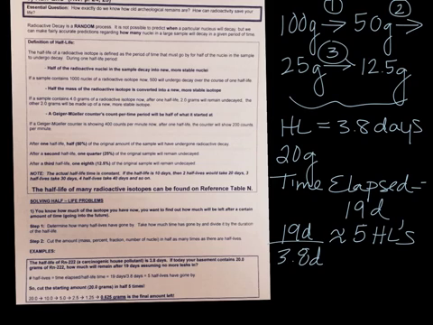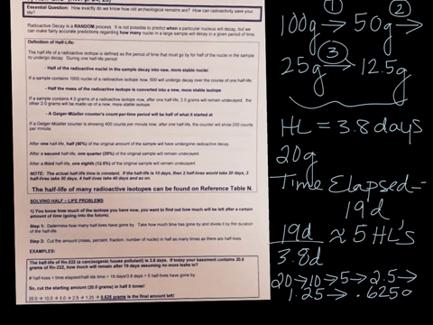So now what I'm going to do is take my sample of 20 grams. Half of 20 is 10. Half of 10 is 5. Half of 5 is 2.5. Half of 2.5 is 1.25. And half of 1.25 is 0.625 grams.